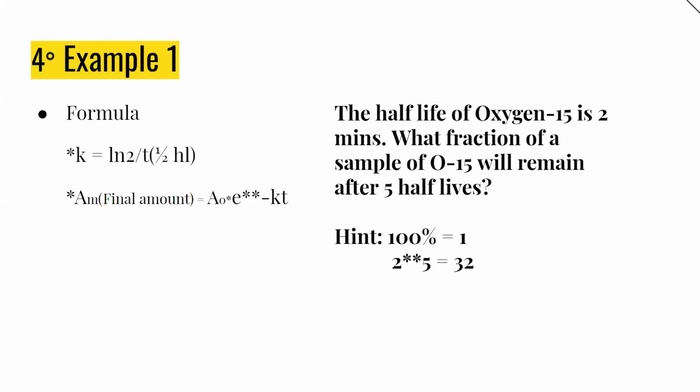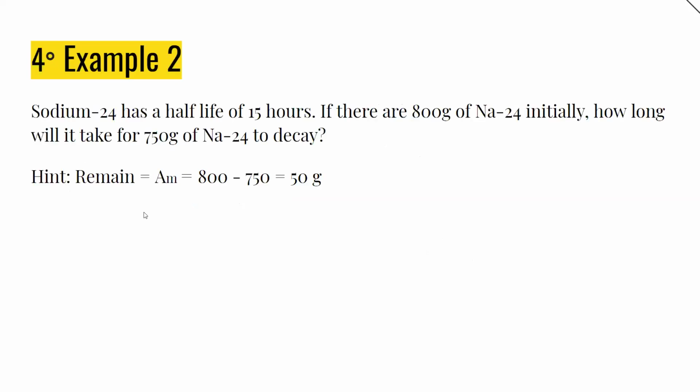So 1 is the numerator, and the denominator is 2 to the power of 5, which is 32, because it decays 5 times, 5 half-lives. So the fraction is 1/32. And example 2 is that.